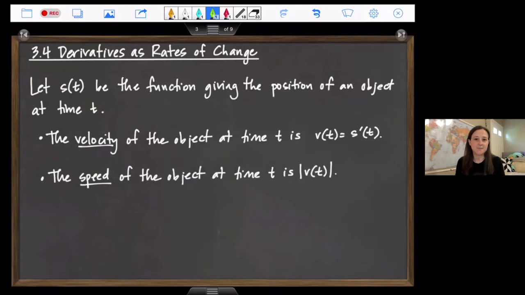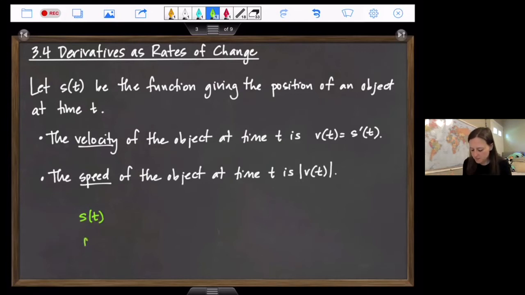The last thing we want to talk about in this section as relates to position and derivatives is acceleration. Let's think about what we've done so far with derivatives. We have a position function, and let's say just for an example, we're going to talk about the position of a rock that you're dropping off of a tall 100-foot cliff. Our position function would tell you at any given time how far the rock has fallen down from the top of the cliff.